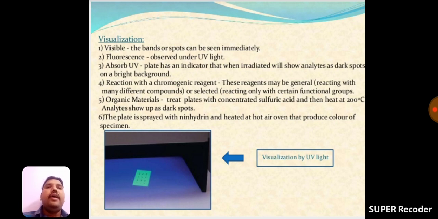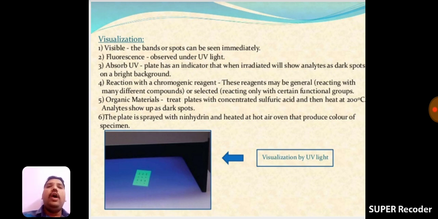Next point, reaction with a chromogenic reagent. These reagents may be general, reacting with many different compounds, or selective, reacting only with certain functional groups. For organic materials, treat plates with concentrated sulfuric acid and then heat at 200 degrees Celsius.